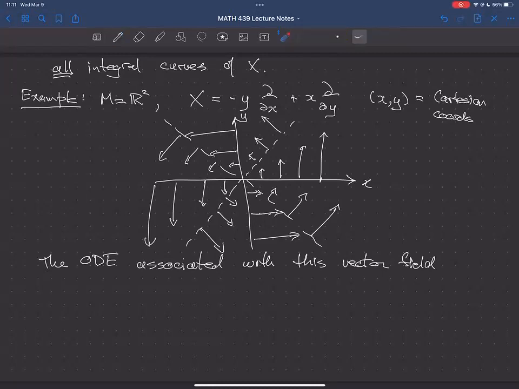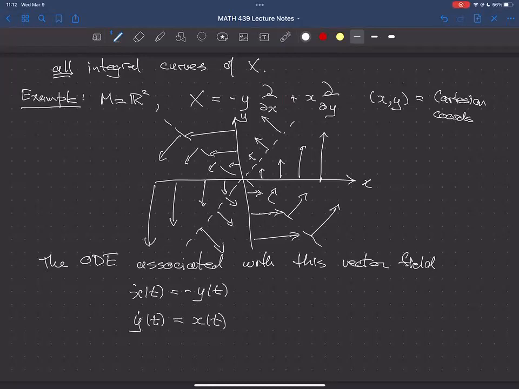To get x dot, you read off the component of the d by dx coordinate vector, which is minus y. So x dot of t equals minus y of t, and similarly, y dot of t is x of t.